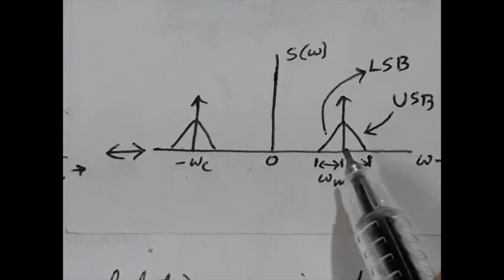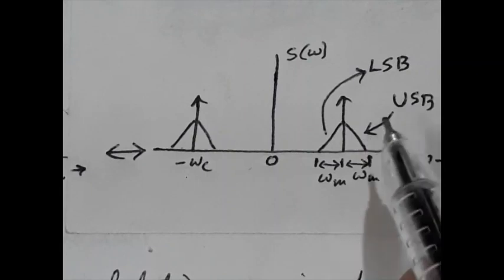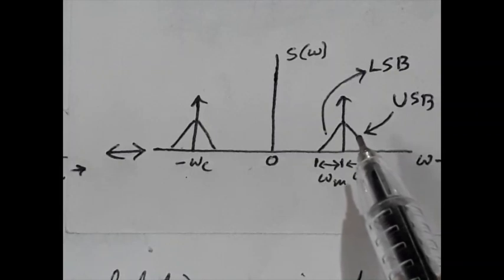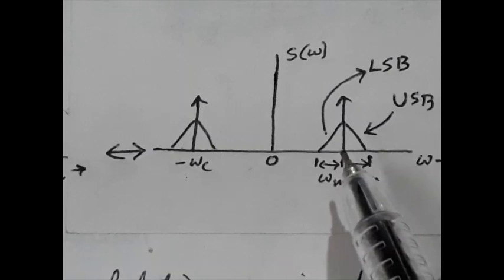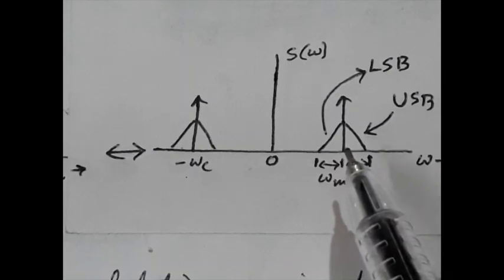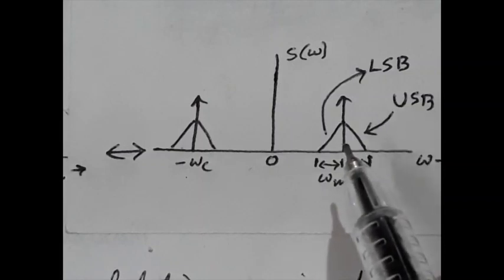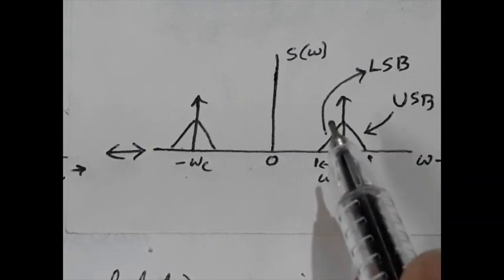The part of the spectrum above the carrier frequency is called the upper sideband. So these are the sidebands: carrier and two sidebands. The sideband with a frequency greater than ωc, the carrier frequency, is the upper sideband, and the sideband with a frequency less than the carrier frequency is the lower sideband. Now we have assumed that this X(ω) is band limited to ωm.